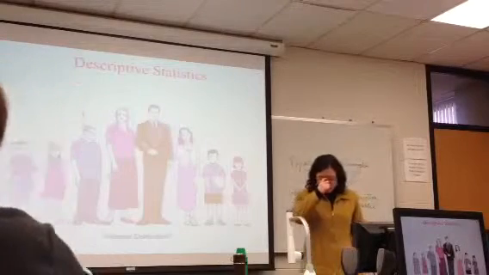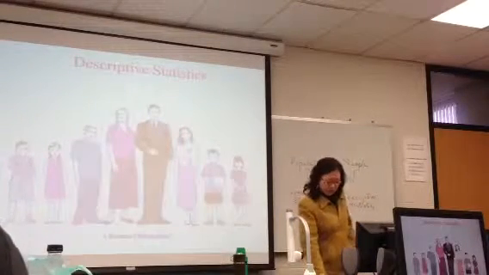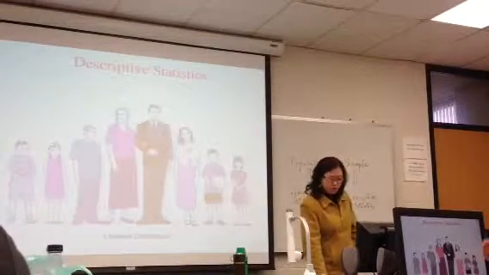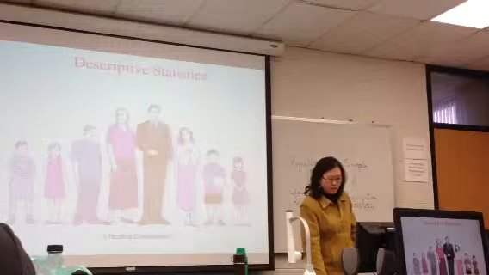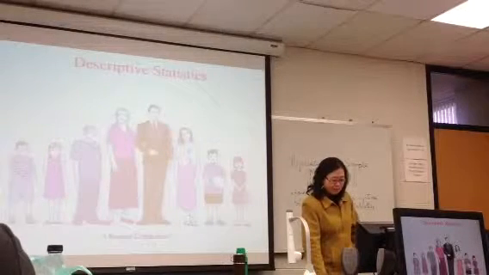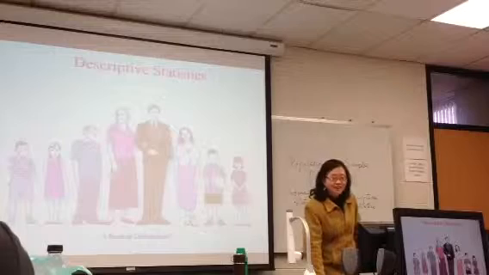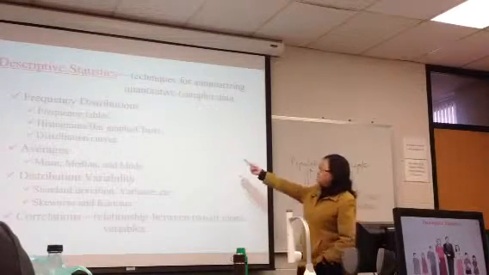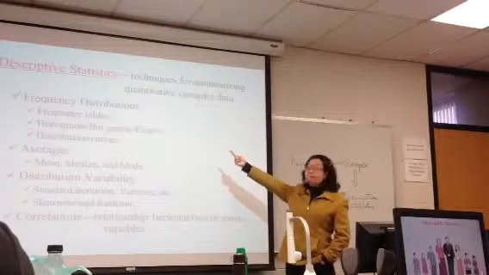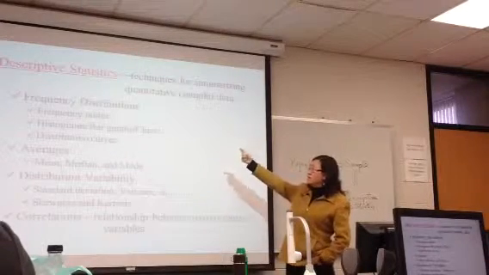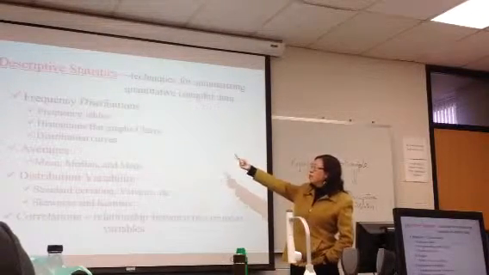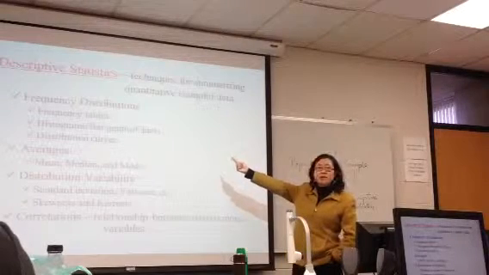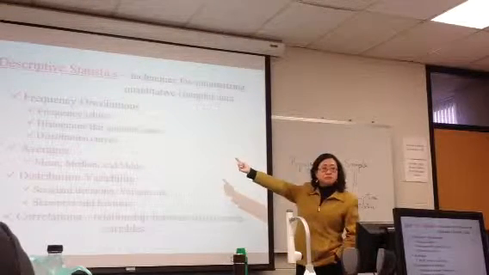So descriptive statistics we already studied, so I don't need to spend much time with you. I just go over and review it. If you don't get it, ask right now, okay? All right, this is the distribution. So 4 types. Frequency distribution, including the frequency tables, the histogram, bar charts, all those that you're familiar with, distribution curves, right?